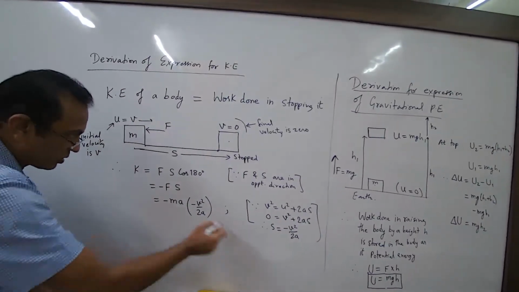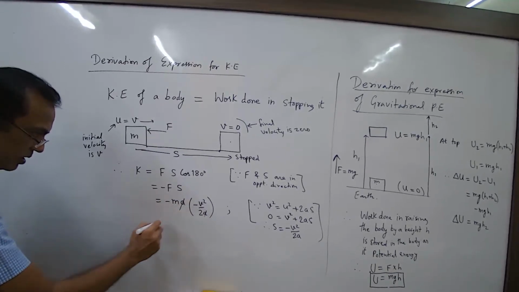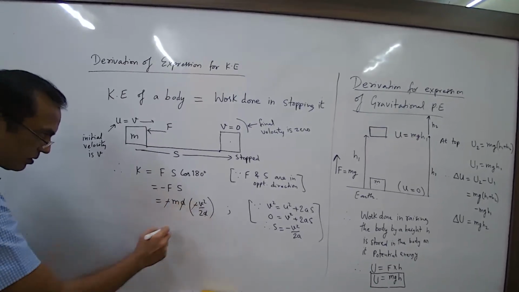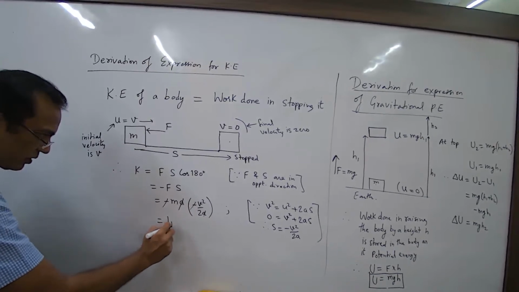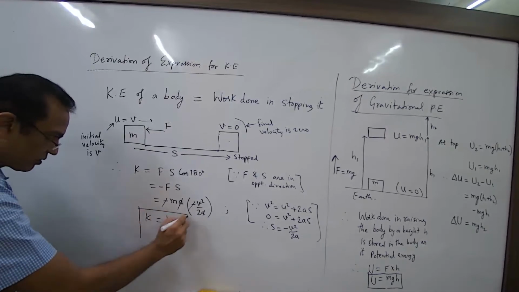Okay, from where I have got this. So now this A is cancelled and minus minus is cancelled. What am I left with? Half M V square. So this is the expression for kinetic energy.